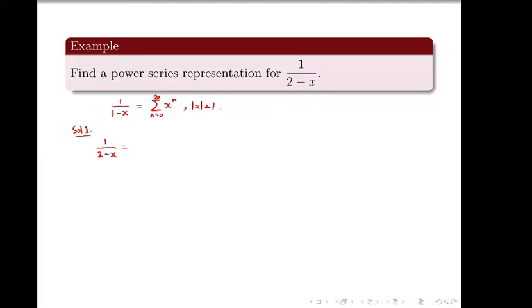What we can do is to factor out 2 on the denominator. So you will have 1 over 2 times 1 minus x over 2. Okay? So this is just 1/2 times 1 over 1 minus x over 2.